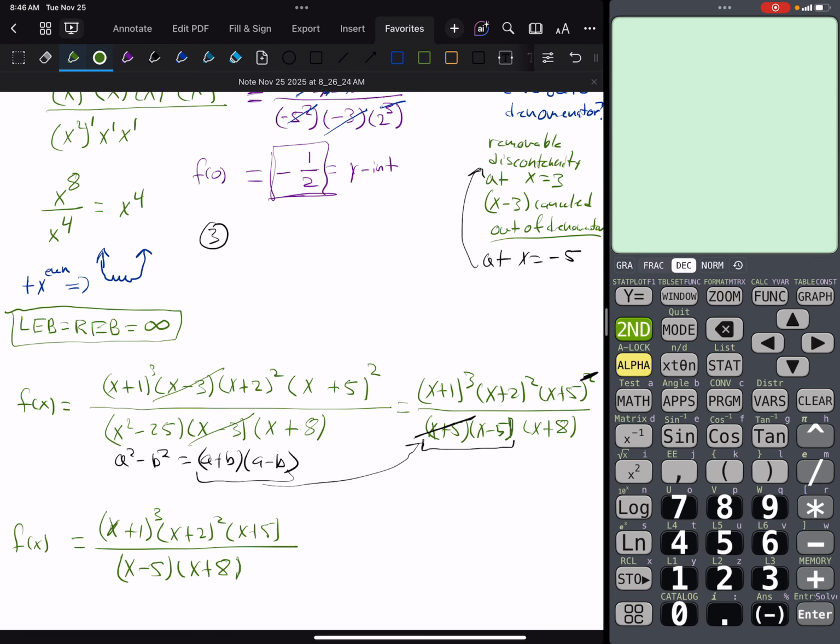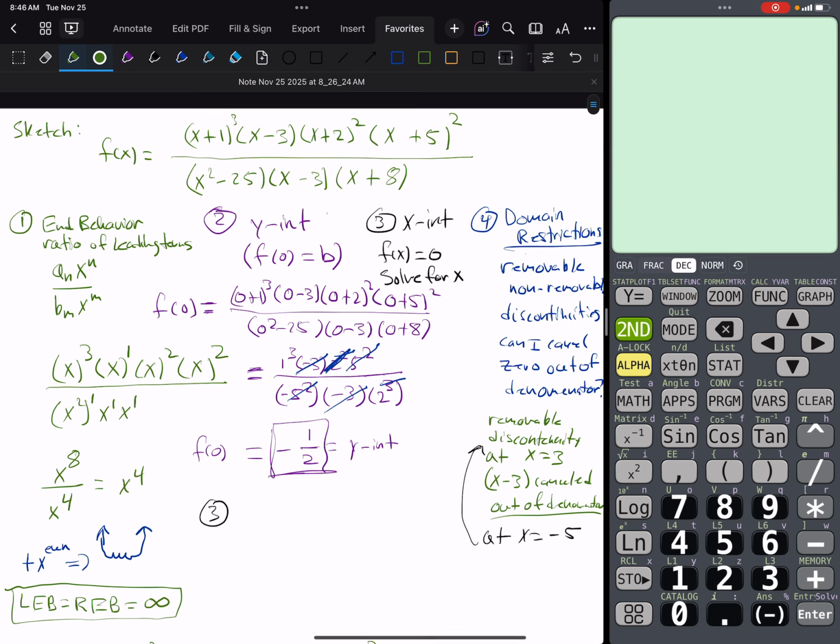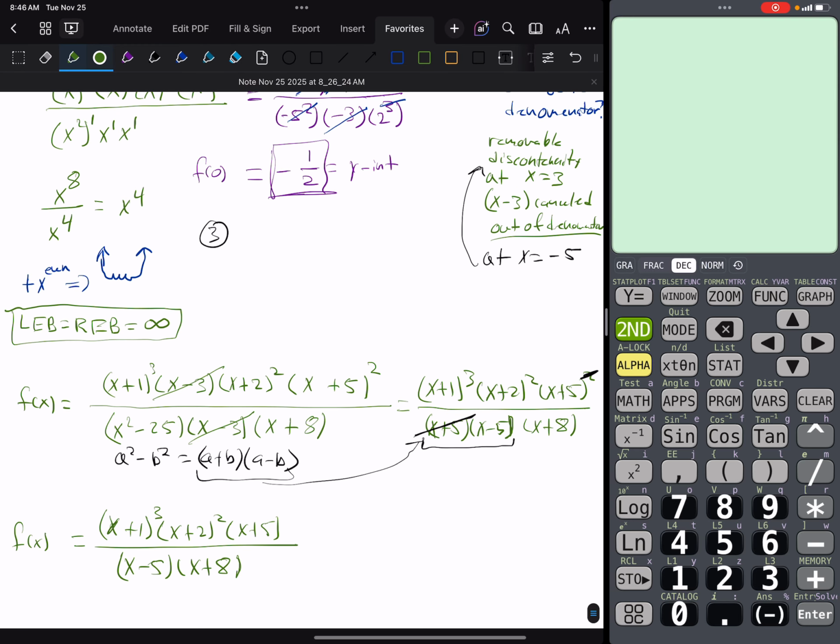Guess I never finished that off. Because when we want to solve this for our zeros now, if I go back to 3 here, all I'm really doing is when I set f of x equal to 0, I'm saying x plus 1 cubed times x plus 2 squared times x plus 5 equals 0, which is a good deal simpler than what we started with in the numerator.